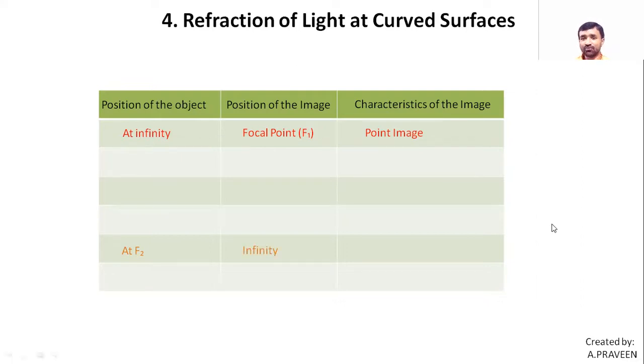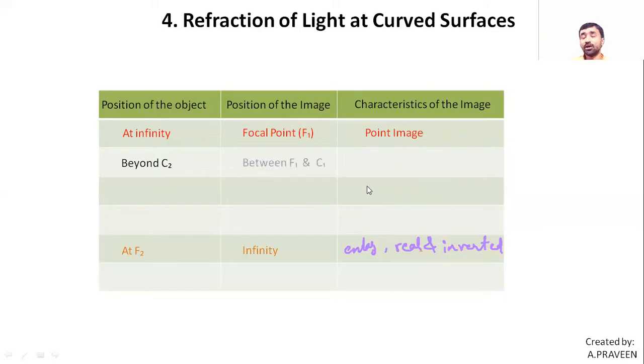Then for the characteristics, sometimes we show nothing, or you can write it like this also: highly enlarged. It is real and inverted, but in your textbook nothing is given, so you can leave it, no problem. It is given in the last page, what we have learned. The table is given in the last page.